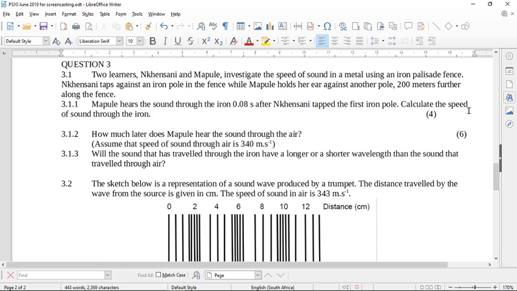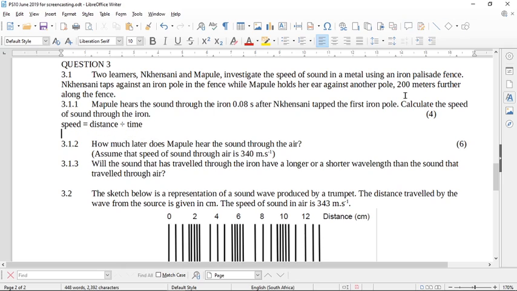So we just have to use the normal formula for calculating speed. Speed equals distance divided by time. So what is the distance? The distance is written here. It's 200 meters. Okay.